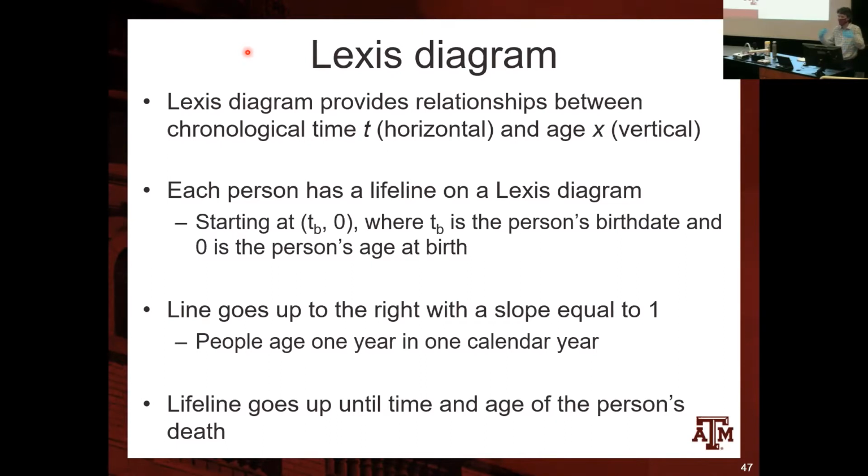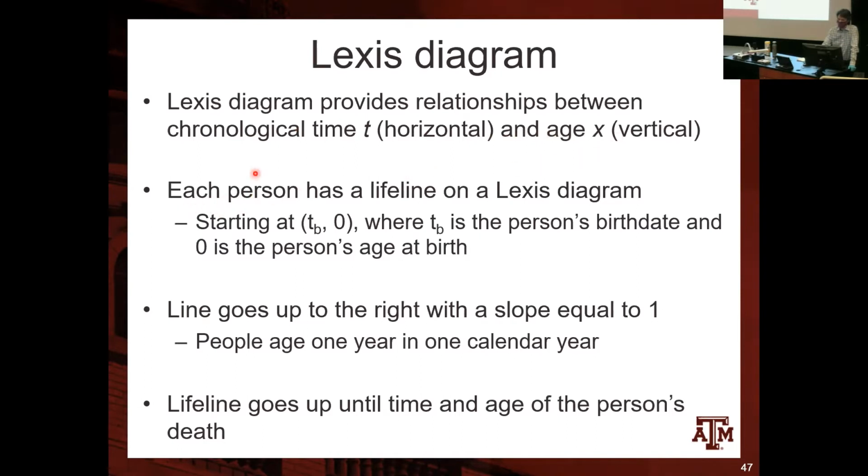It's really powerful for demographers to understand how the population is growing or declining over time. The Lexis diagram provides a relationship between the chronological time, T, on the horizontal axis, and age, X, on the vertical axis.